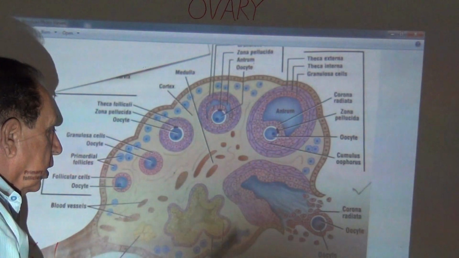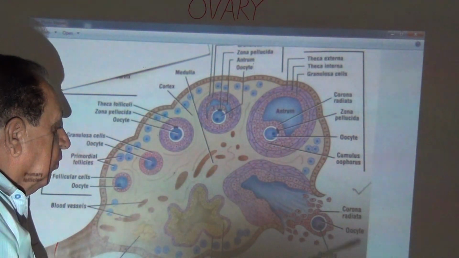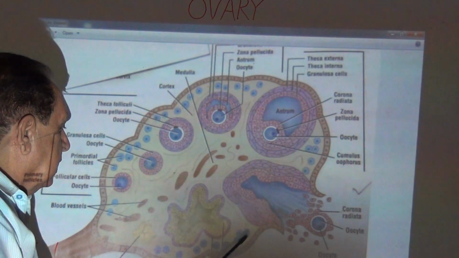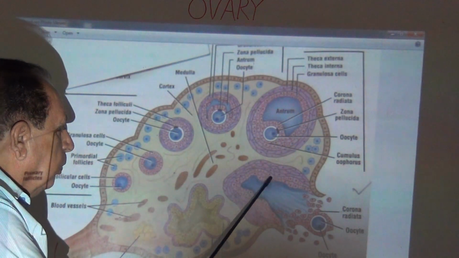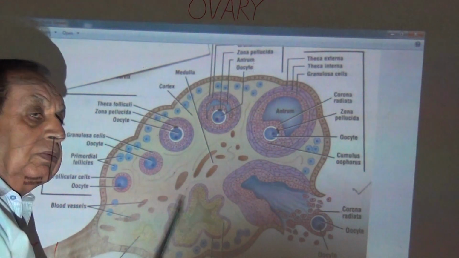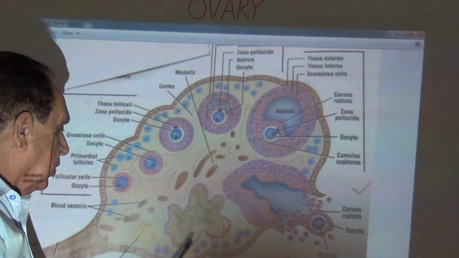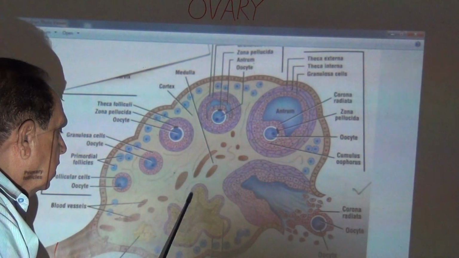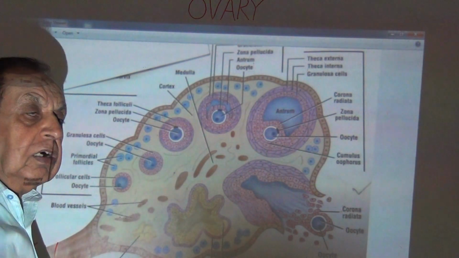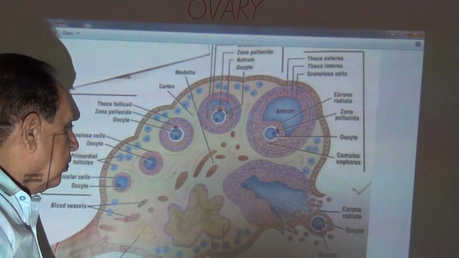Now, if pregnancy does not occur, what happens? This corpus luteum becomes degenerated. This degenerated portion of the corpus luteum is called the corpus albicans.